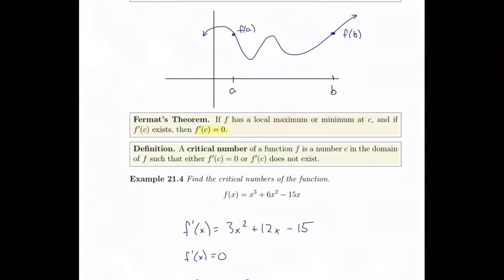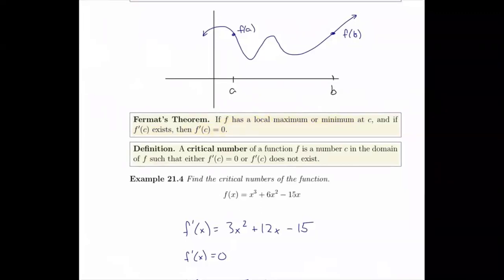We can't go backwards in this theorem. We can't imply the antecedent from the consequent of the theorem. That's the converse, and the converse is not what's written here. The theorem says if it has a local max or minimum and a derivative there, then the derivative at that point is 0. It doesn't guarantee that if the derivative is 0, then it's a local max or a local minimum. So be very cautious of that.